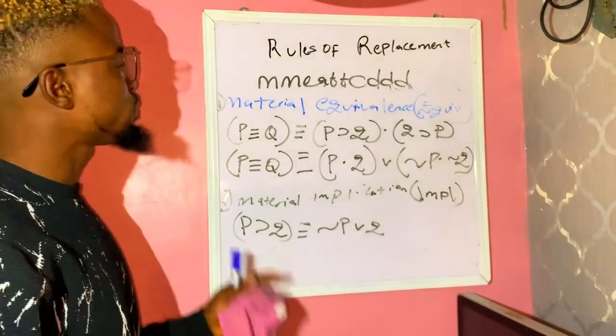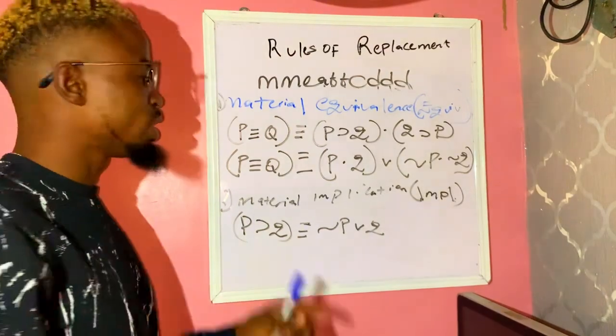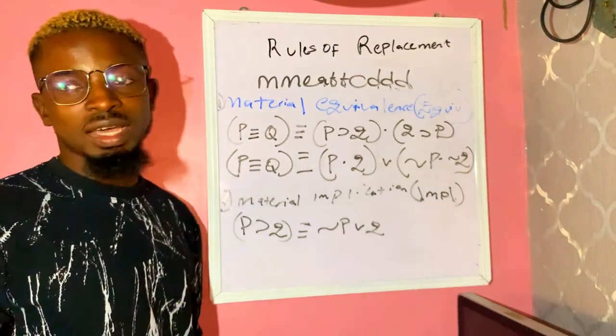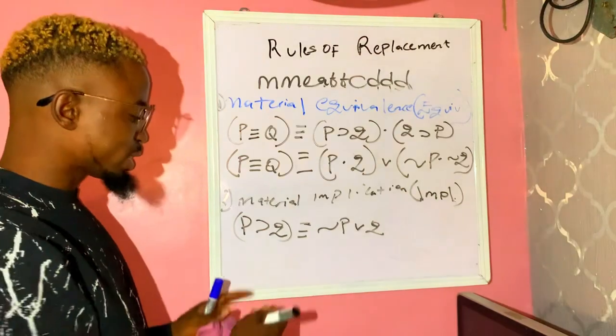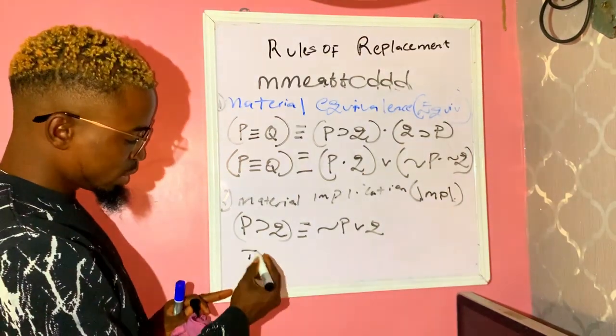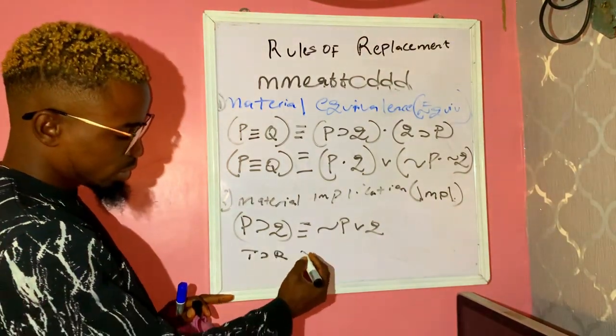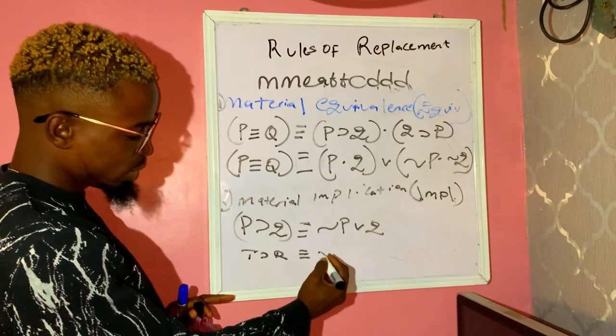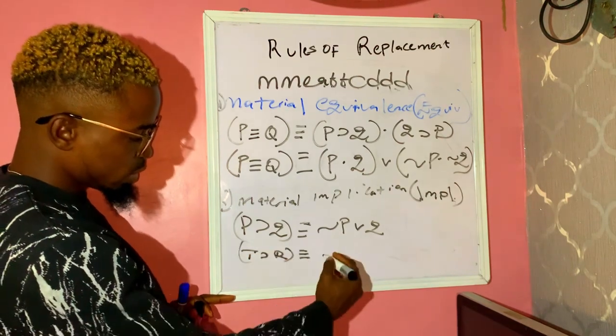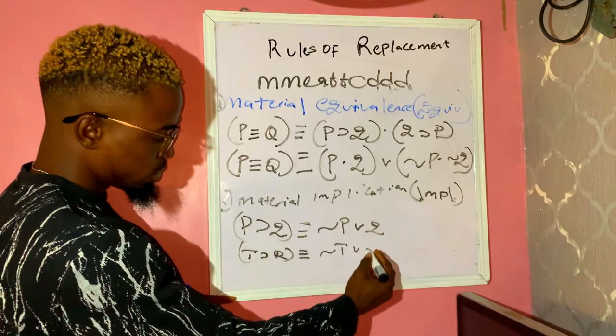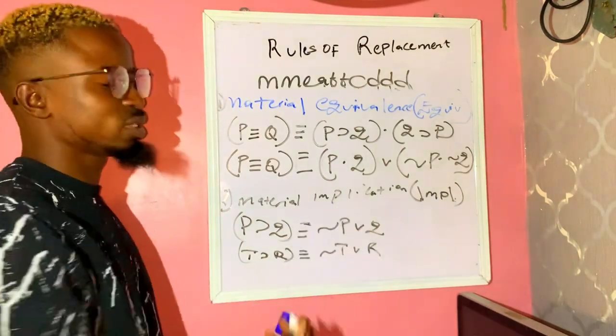And don't forget, as we explained with the rules of inference, that the content does not matter. The content can change. What actually matters is the form. If you have something like T implies R, you can replace it with negation T or R. It's still the same thing as using implication.